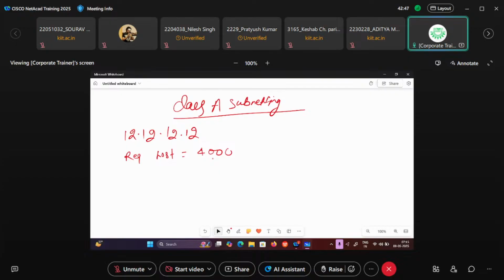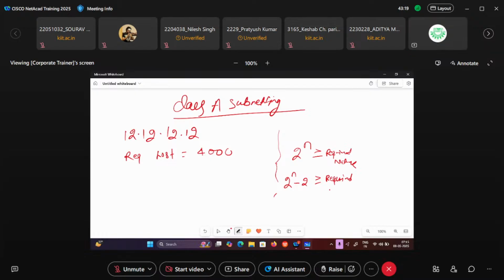We have discussed in the previous class that if you are asking for the number of networks, we can apply the formula 2 to the power n is greater than or equal to the required networks. And if you have a required number of hosts, you can apply the formula 2 to the power n minus 2 is greater than or equal to the required hosts.